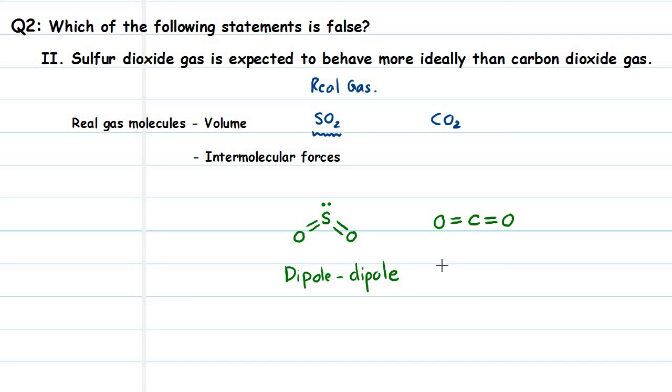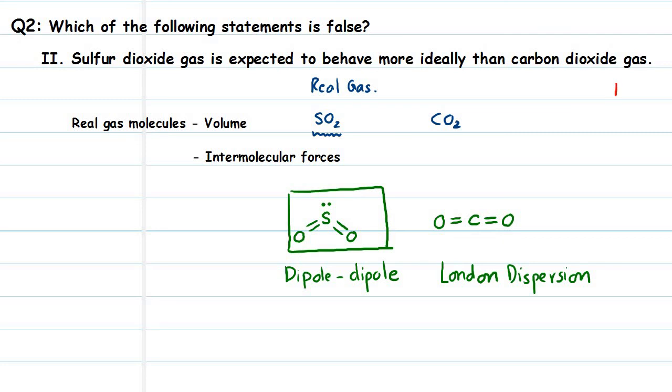So CO2 is a linear, non-polar molecule, and its major intermolecular force would be London dispersion force, which means SO2 will behave more closely to the real gas than CO2. So, based on the volume and intermolecular forces, SO2 will behave more like a real gas than carbon dioxide gas. And it means that the second statement is false.